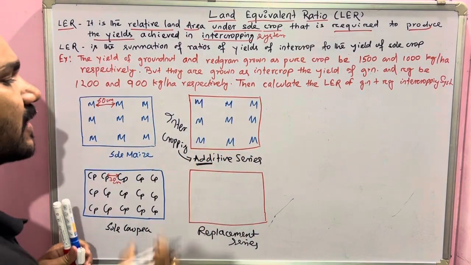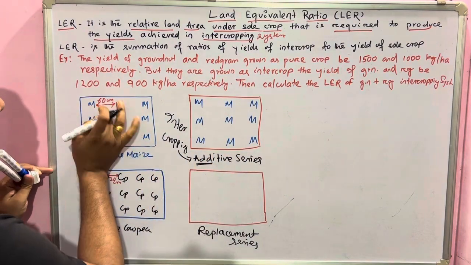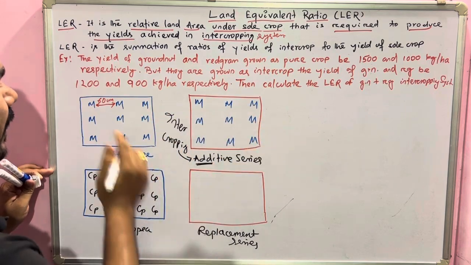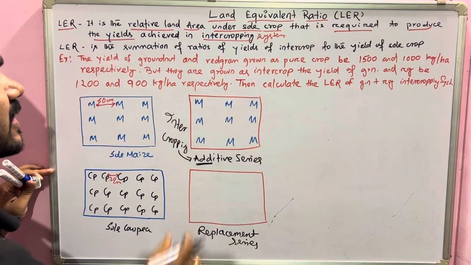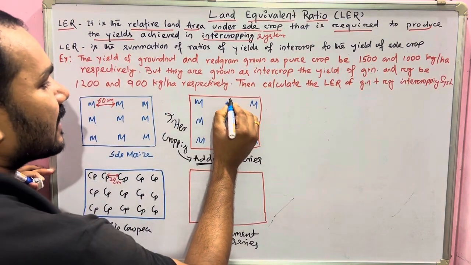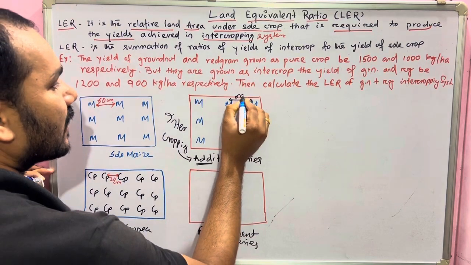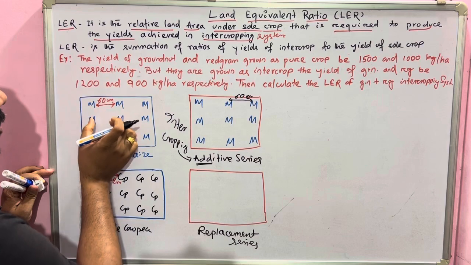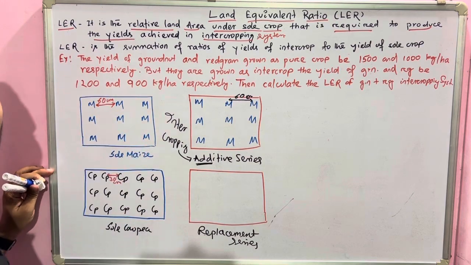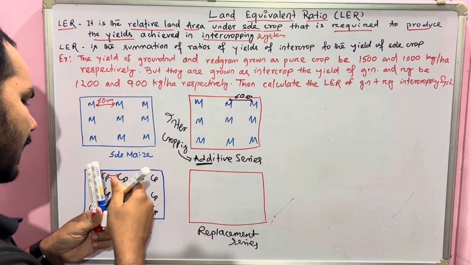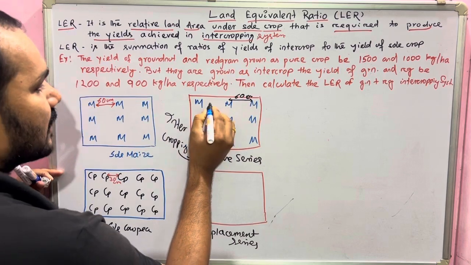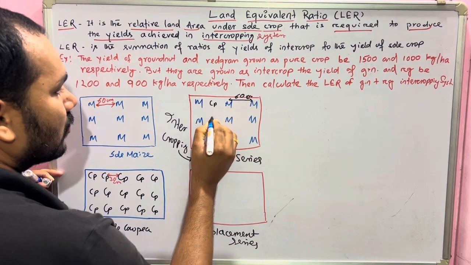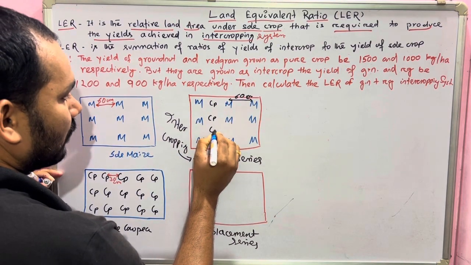For example, initially sole maize is there. In case of additive series, what will happen? The maize population will remain the same. Here the spacing is 60 centimeter, here also the spacing is 60 centimeter. But as you know, in between the rows of maize there is a large gap, and in this gap we are adding another crop.